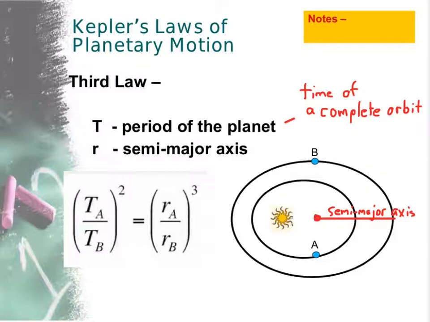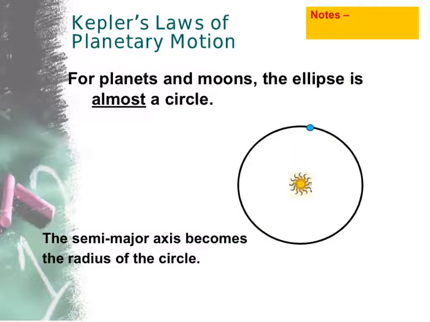Now that's pretty deep stuff, but there's one nice thing that will help us simplify Kepler's third law a little bit. Because for planets and moons, the ellipse is almost the shape of a circle. Now this looks like a circle, but it's actually an ellipse, one that is so close to being a circle that it looks like a circle.